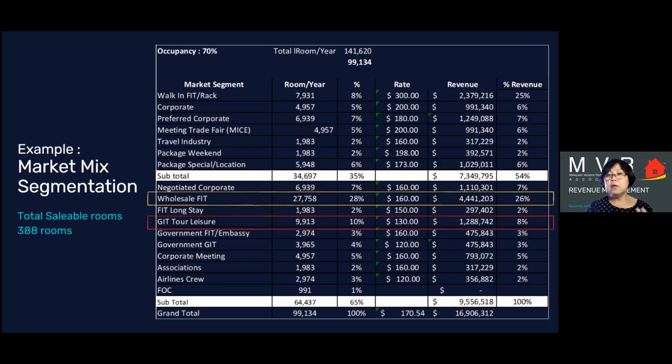And so the majority of your business, most of you will be just OTA. So if you don't go and look for your own business, your whole business will depend on OTA 90%, and you'll be paying a lot of commission.